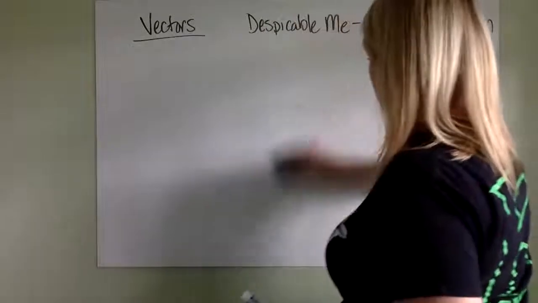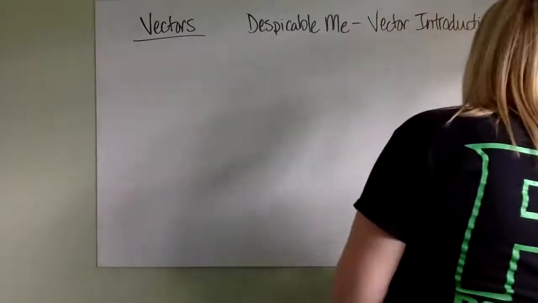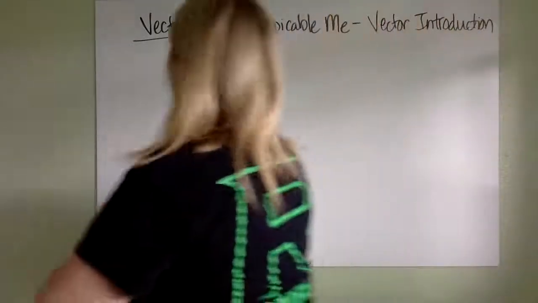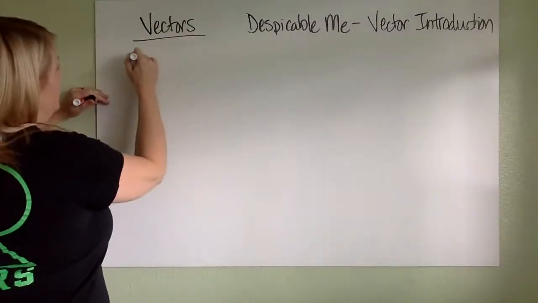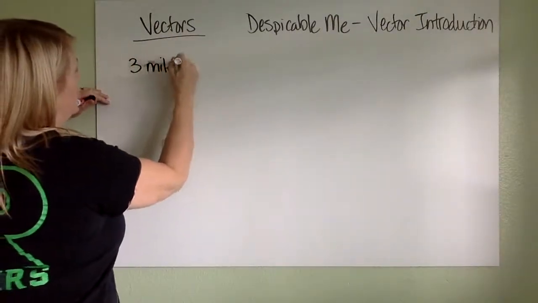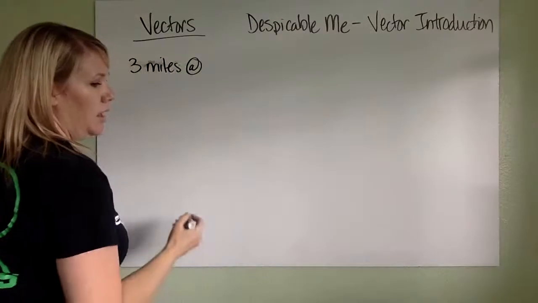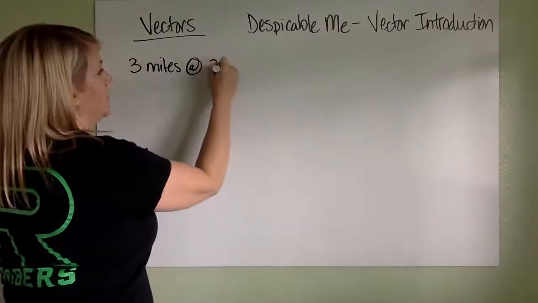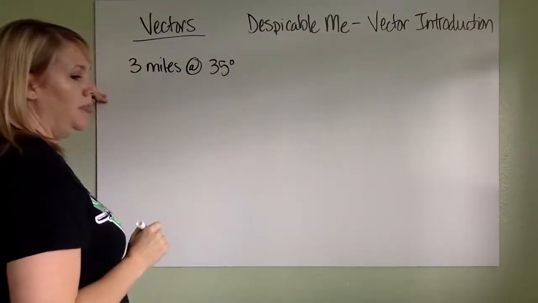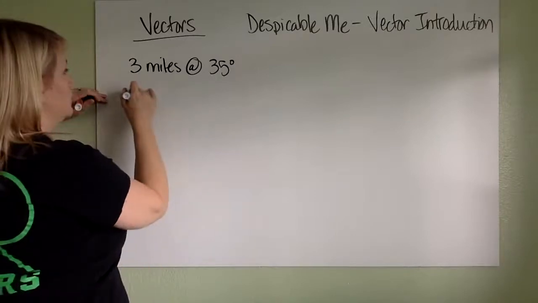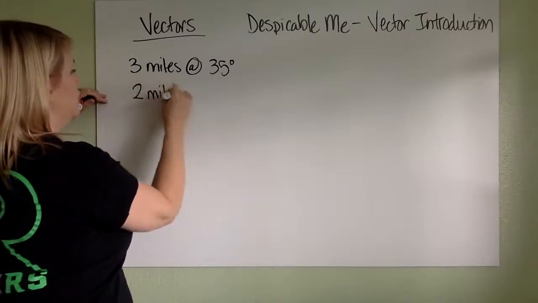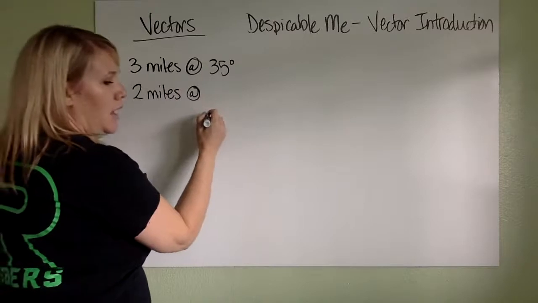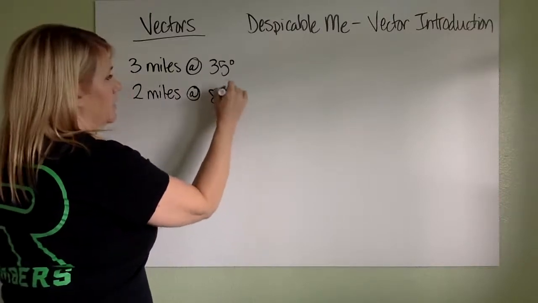Okay, so then you have some word problems. Angela walks 3 miles at an angle of 35 degrees. Then she turns and walks 2 miles at 80 degrees.